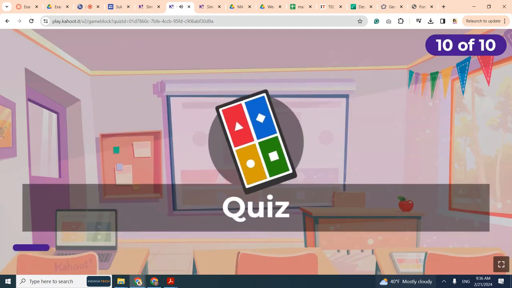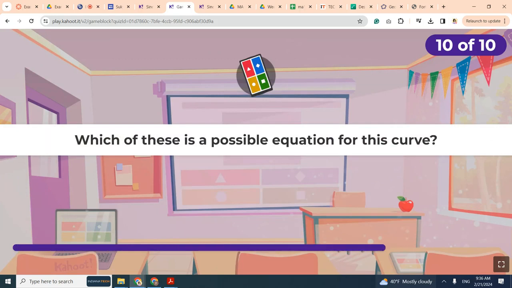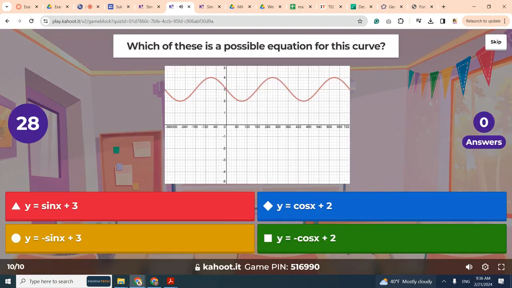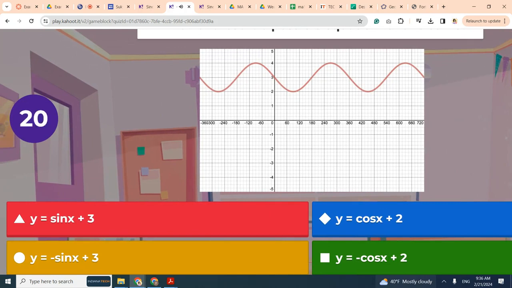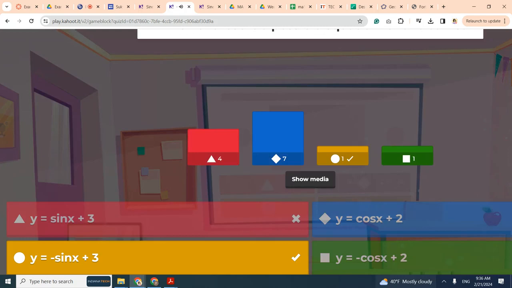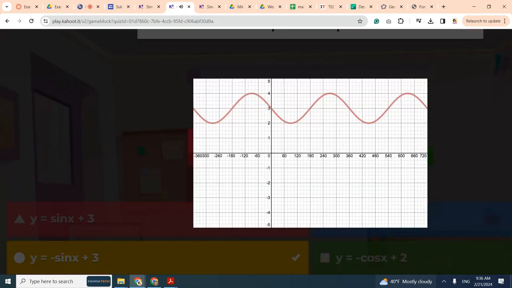Last question. Which of these is a possible equation? Okay, so let's see.